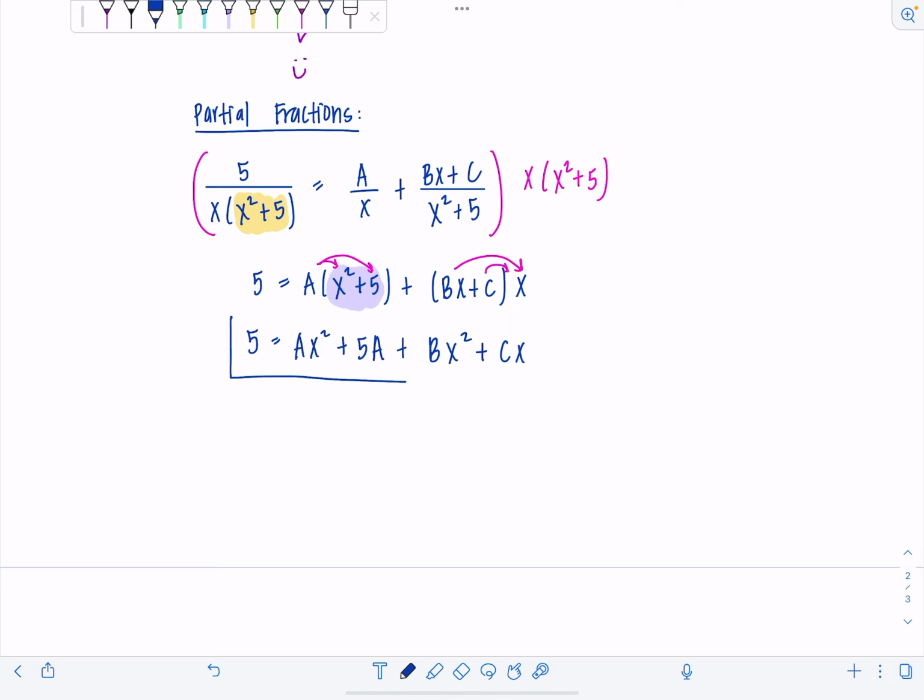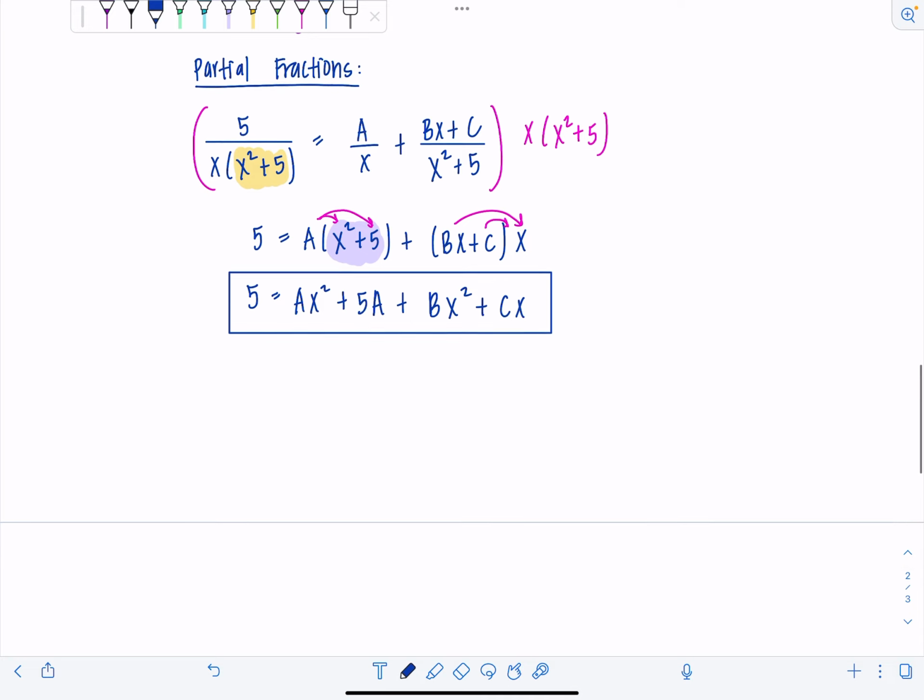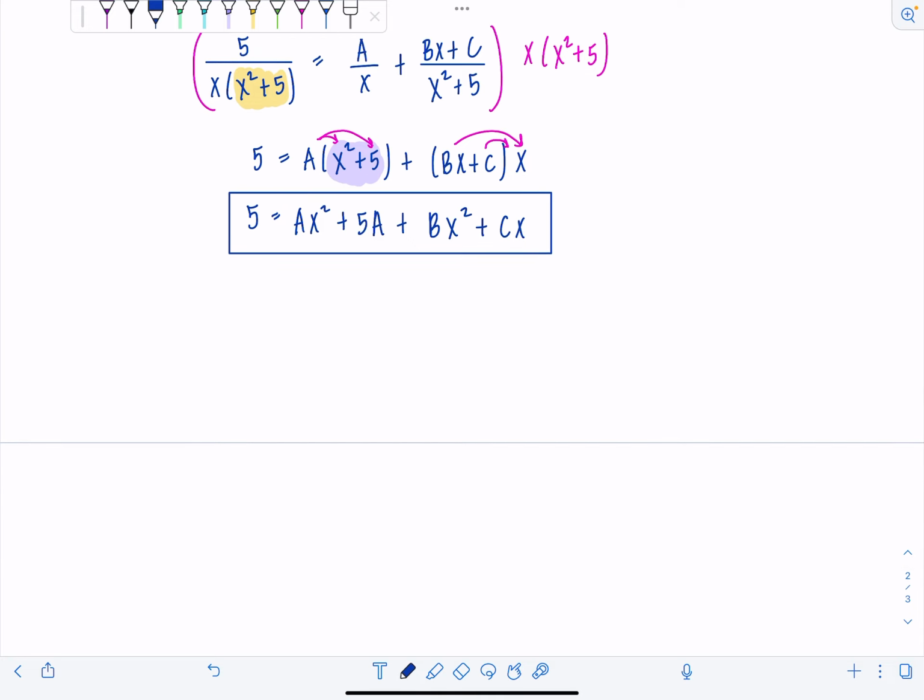And what you do to proceed from here is you collect the coefficients for like terms on both sides of the equation and set them equal to each other so you can solve. What am I talking about? I'll show you, don't worry. So find all the terms on the left-hand side that are coefficients of x squared.